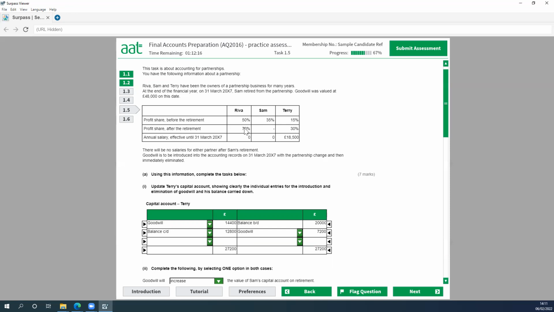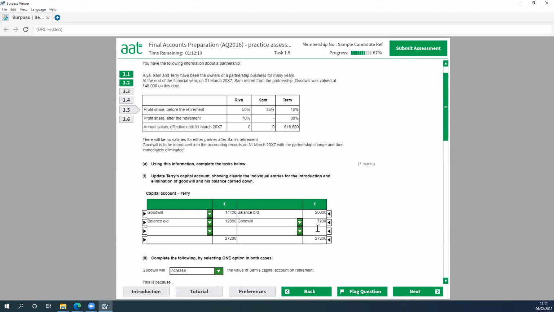So 70% would go into Reva's capital account. Anyway, again, the opening goodwill was 7,200 under the old ratio. So we debit goodwill, credit capital. And then when it comes to closing it, we credit goodwill using the new ratio, which is 30%, which is 14,400.